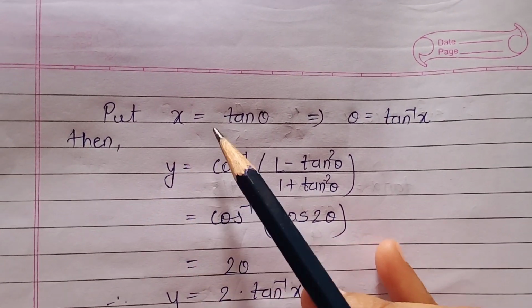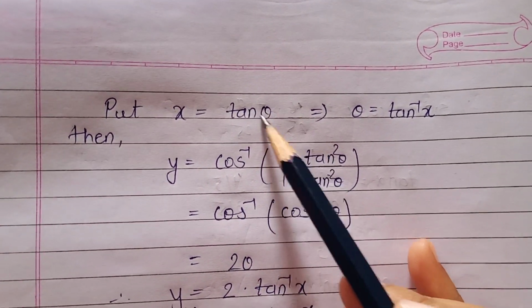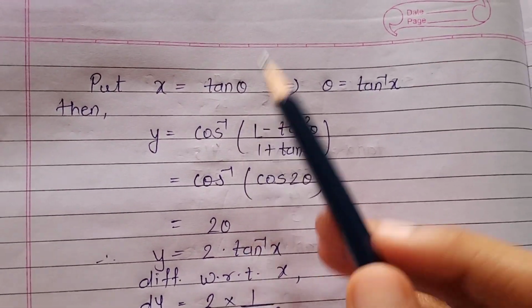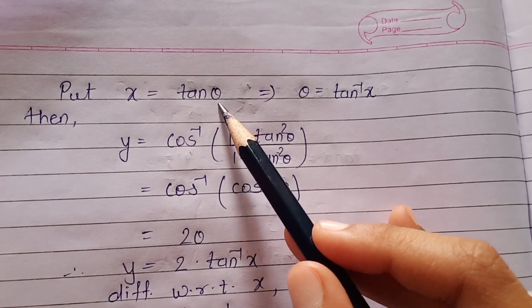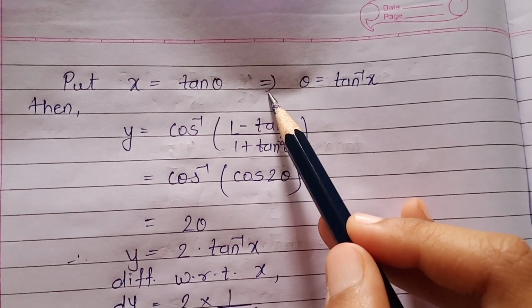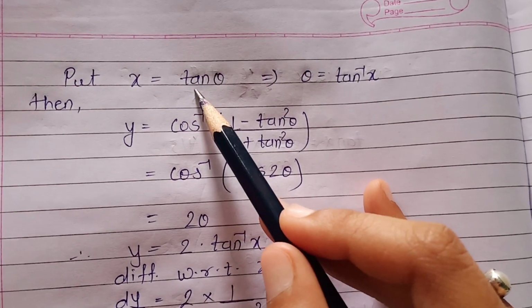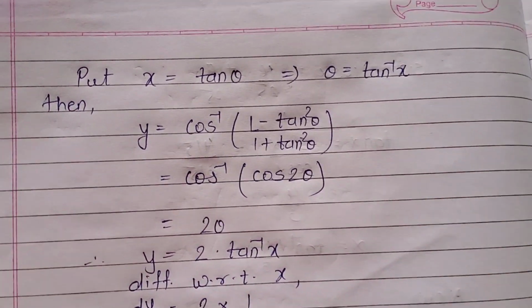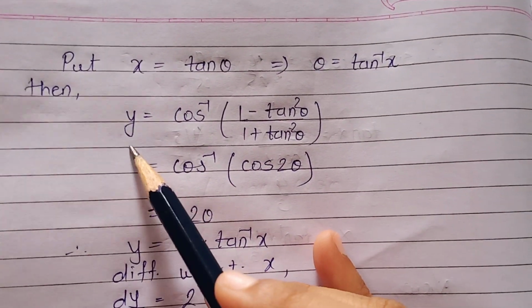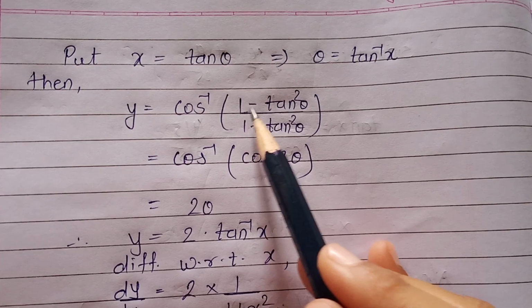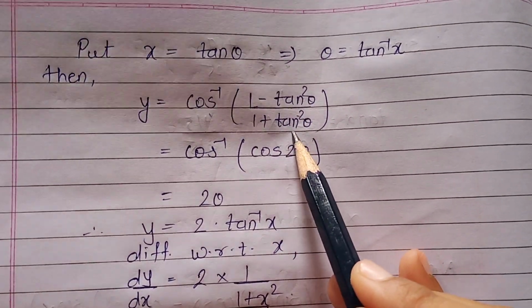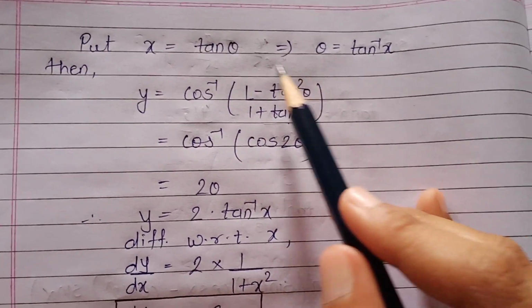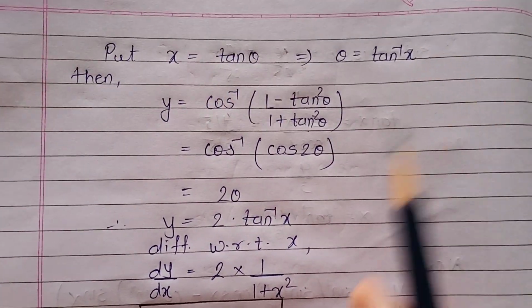Now put x equals tan theta. Like in previous examples where we needed alpha afterwards, here also we'll need theta. So theta will be tan inverse x, so write that also. Now our y will be cos inverse of, putting tan instead of x, 1 minus tan square theta upon 1 plus tan square theta, which is the formula for cos 2 theta in terms of tan.